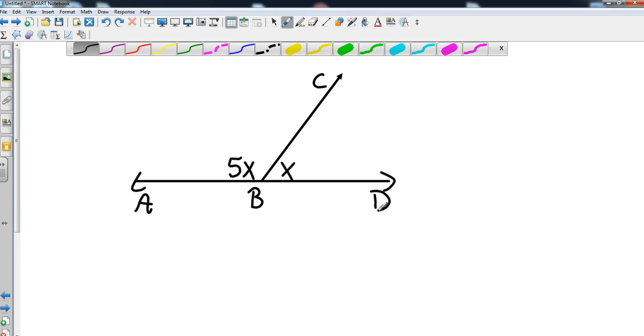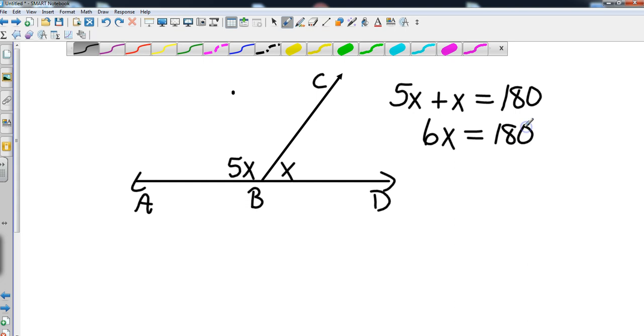Well, we know that angle ABD is a straight angle. We know that ABC is supplementary to CBD. So we could take that 5x, add the x, and set that equal to 180 degrees. That's going to give us 6x equals 180 degrees.